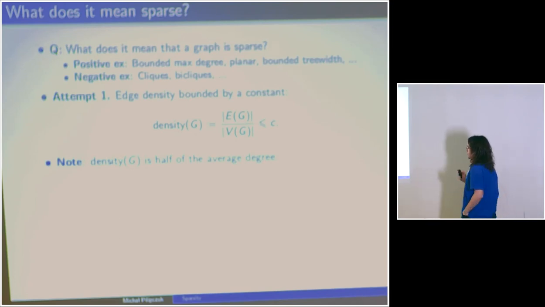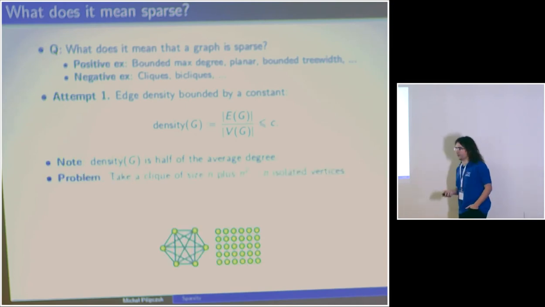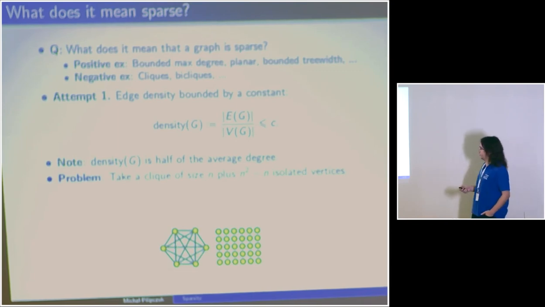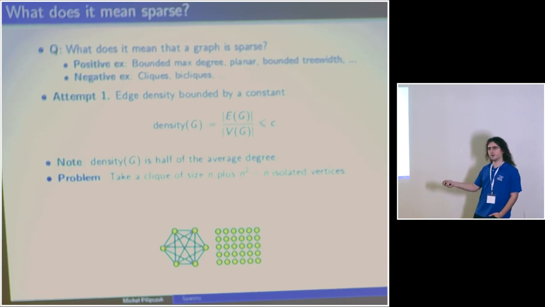If you look at this definition and think for a while, you will see a problem. Namely, you can do stupid padding. I make a clique on n vertices, and then I add to this clique n squared minus n isolated vertices. So this graph has less than n squared over 2 edges, and it has n squared vertices.